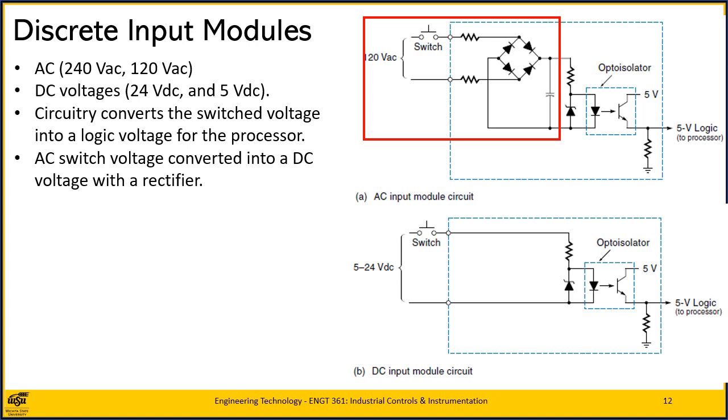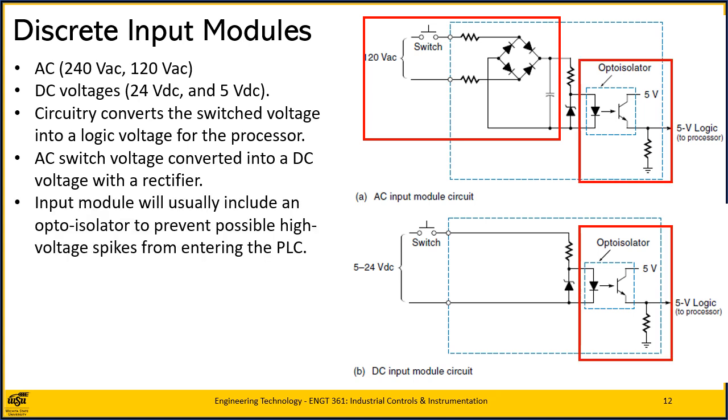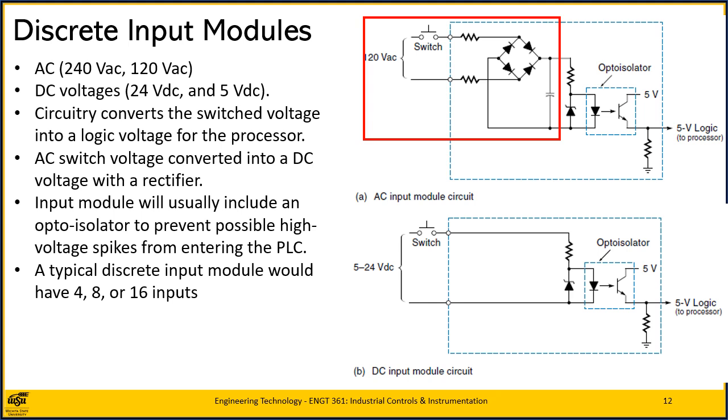Notice that an AC switch voltage must first be converted to a DC voltage with a rectifier. Also, an input module will usually include an opto-isolator to prevent possible high voltage spikes from entering the PLC. A typical discrete input module would have 4, 8, or 16 inputs.